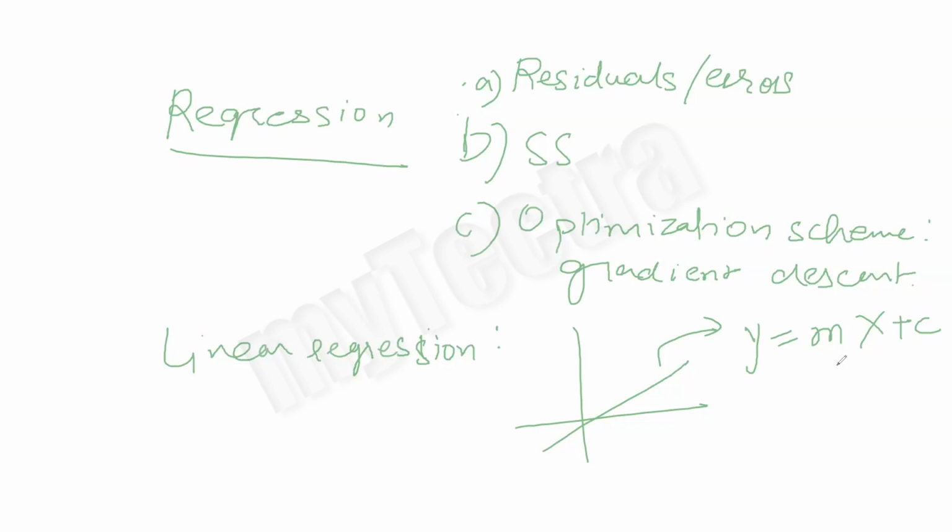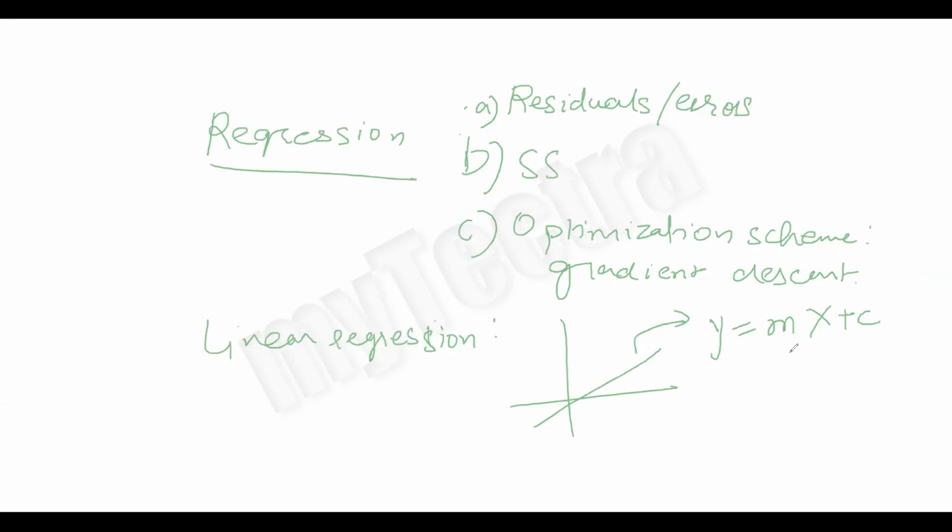After this, I started with something called performance metrics. In performance metrics, I started with something. What is that? R square. Yes. Before that, variance. Before that, mean square.